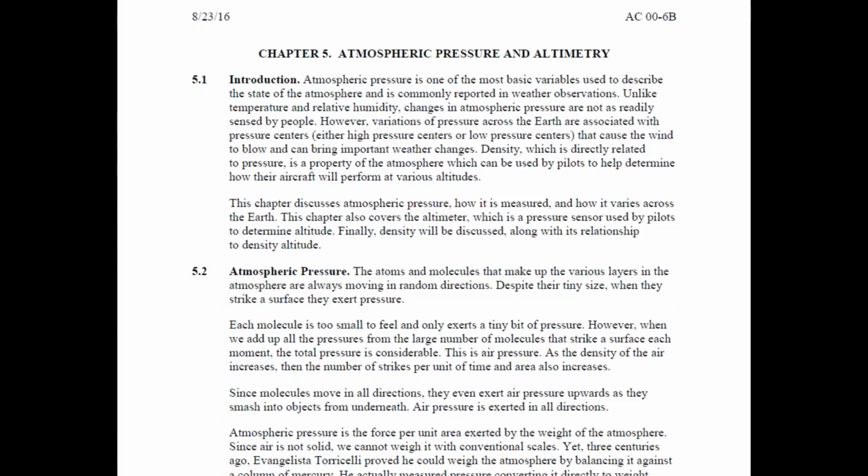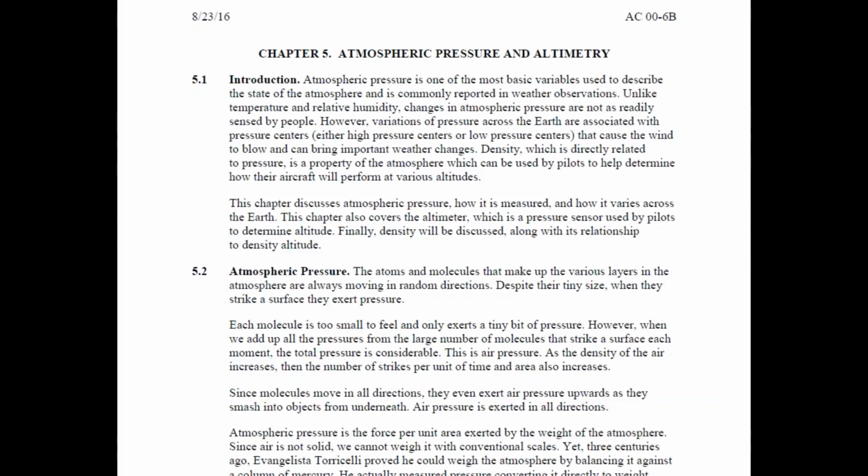So if I'm at 1,000 feet elevation, then my standard temperature should be 13 degrees Celsius, and on and on. As you increase in elevation, your temperature decreases by 2 degrees Celsius per 1,000 feet.